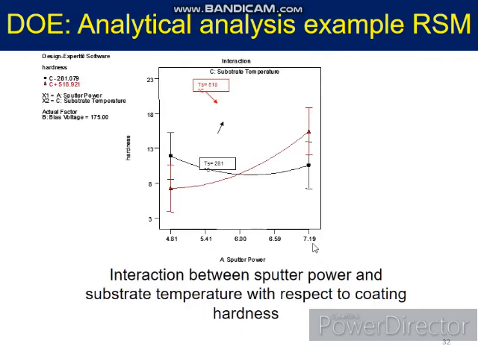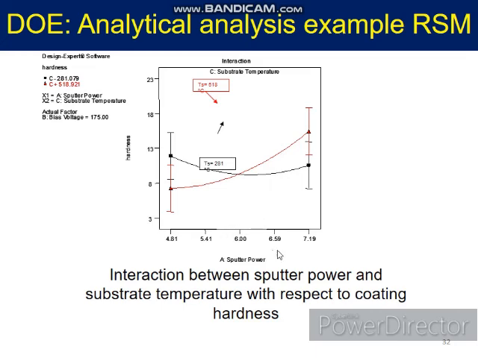This is an example of an interaction plot, for this case the interaction between the sputter power and the substrate temperature. The red line is for a temperature of 518 degrees, and the black line is for a temperature setting of 281 degrees, right?